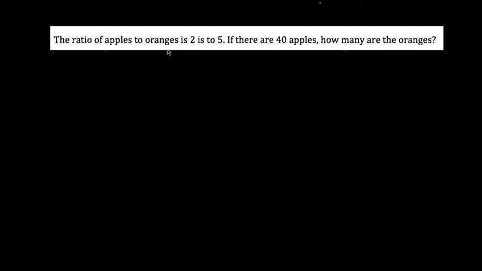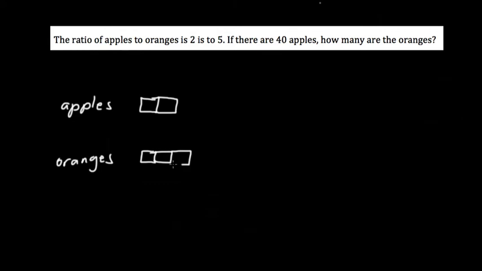If there are 40 apples, how many are the oranges? So what I want to do first is to represent the ratio of apples to oranges in terms of boxes. So what I will do is I will make this 2 boxes is to 5 boxes.